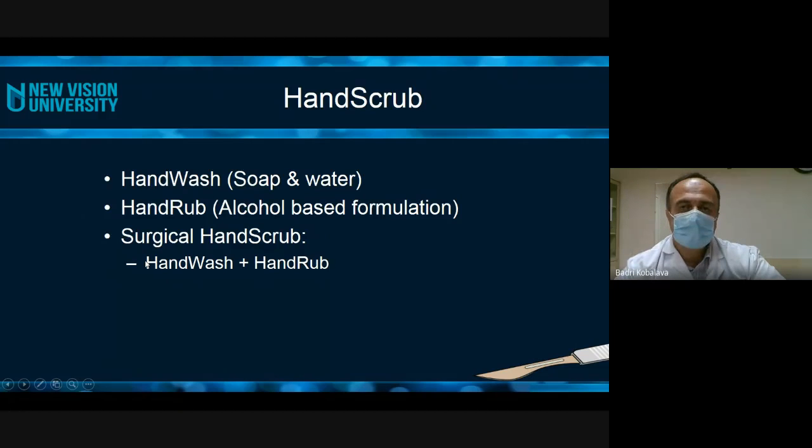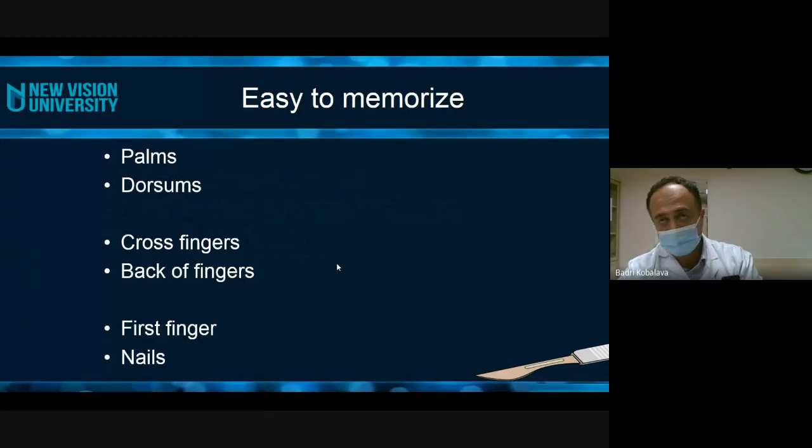So first, before surgery, we make hand wash and hand rub. And now our skin contains a minimal amount of microorganisms and we can touch the surgical wound without contaminating and causing surgical site infection. Now, please listen carefully how to wash hands.